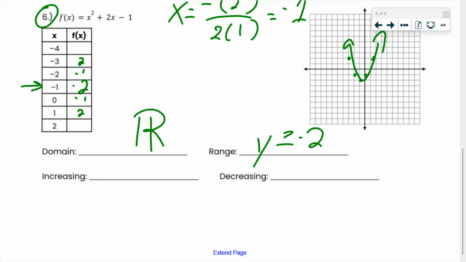And this next concept is the one that a lot of students take a little while to get. As I am moving from left to right, what are the y values doing? Increasing or decreasing? They are decreasing. Very good. They are going down until I get to -1.